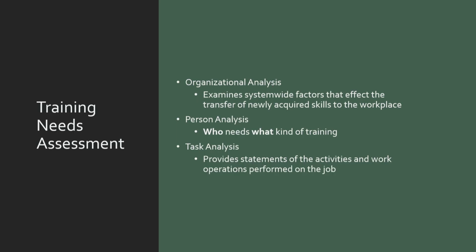Organizational analysis is where we examine system-wide factors that affect the transfer of newly acquired skills to the workplace. So at the organization level, what skills can be transferred to the job? At the person analysis, who needs what training? And the task analysis provides a statement of activities and work operations performed on the job. Do we need to change something in the task which is assigned?